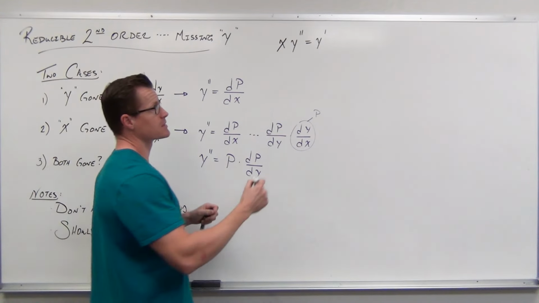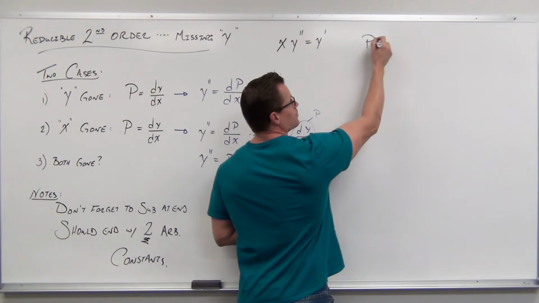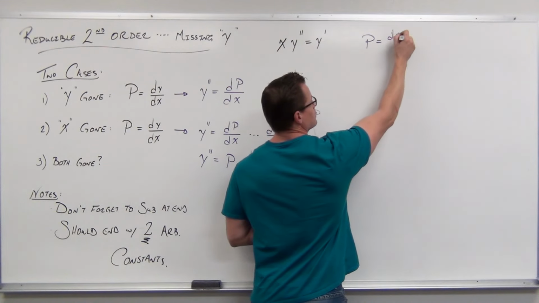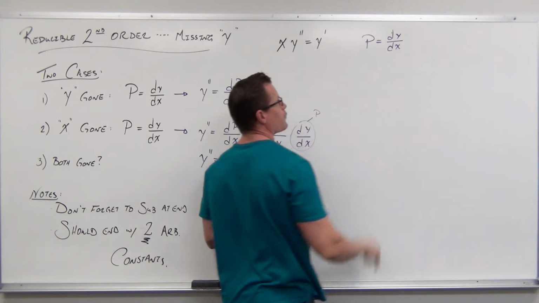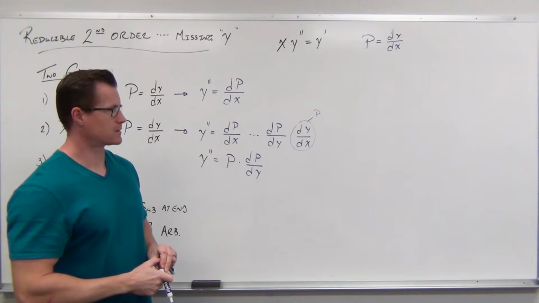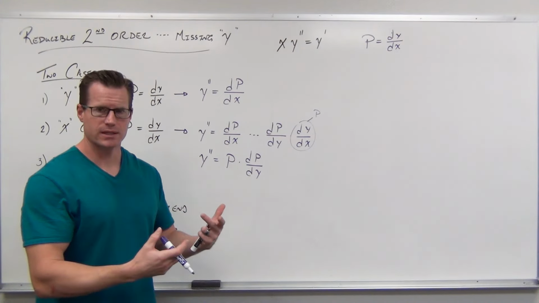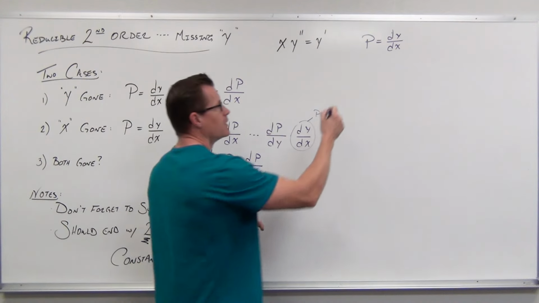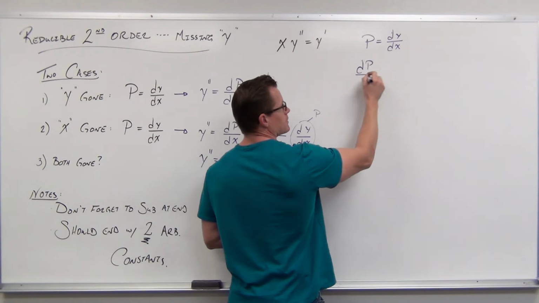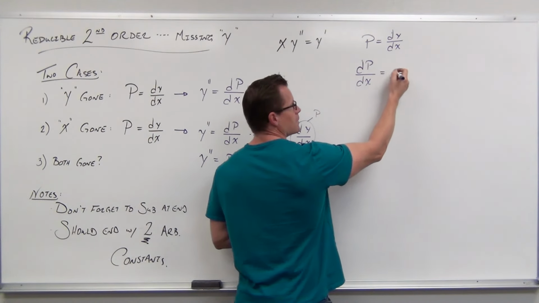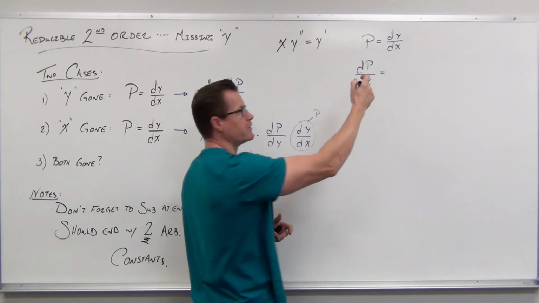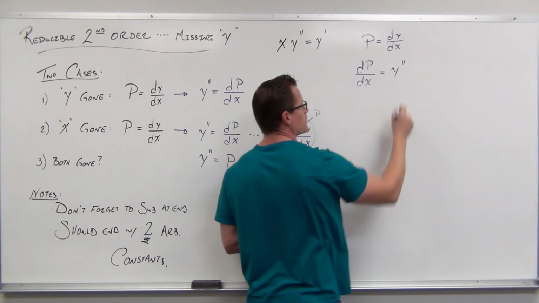If we can do this and say, hey, let's just call p the first derivative of y with respect to x. All right. Well, then what's y double prime? What's the second derivative? Then the derivative of p with respect to x would equal the second derivative of y with respect to x, or y double prime.